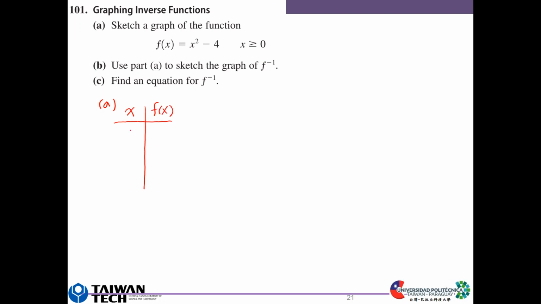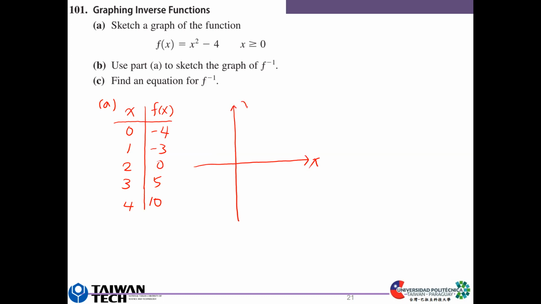With x larger than or equal to 0: when x is 0, f of x is -4. When x is 1, it's -3. When x is 2, it's 0. When x is 3, it's 5. When x is 4, it's 10. That is enough to draw the graph of f of x.